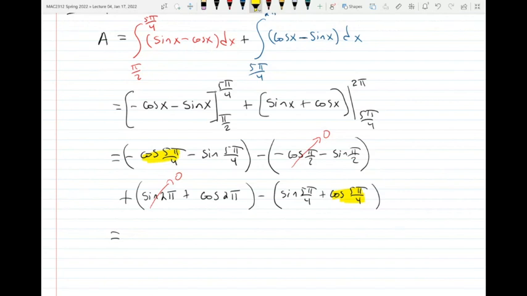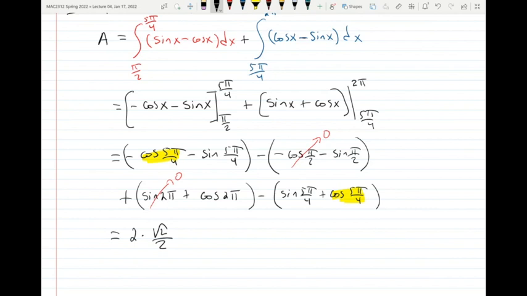Cosine in quadrant 3 is negative, so that's negative square root of 2 over 2, because it's the same thing as pi over 4, but negative. With the minus it becomes positive, and I need to multiply it by 2. So I'm going to have 2 times square root of 2 over 2. Why times 2? Because this term comes up twice, but the minus is gone.